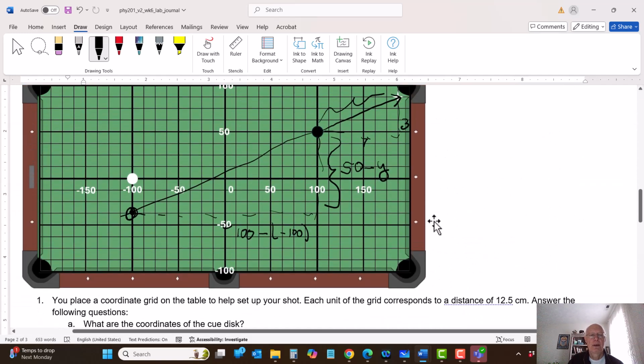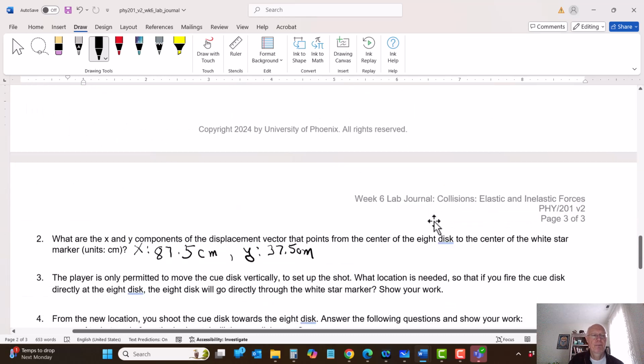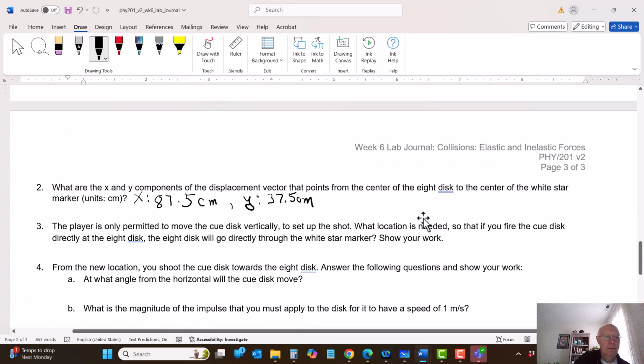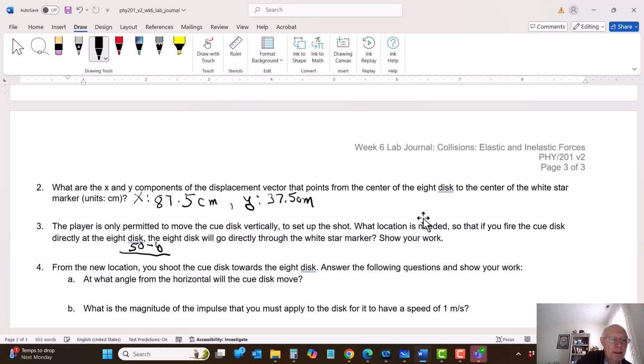So we have 50 minus y, that's the rise, over the run, 100 minus negative 100. Well, we know what that is, right?